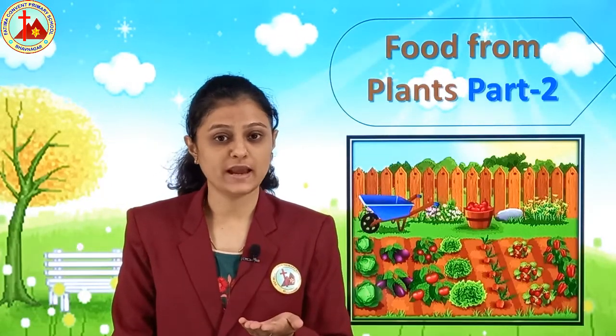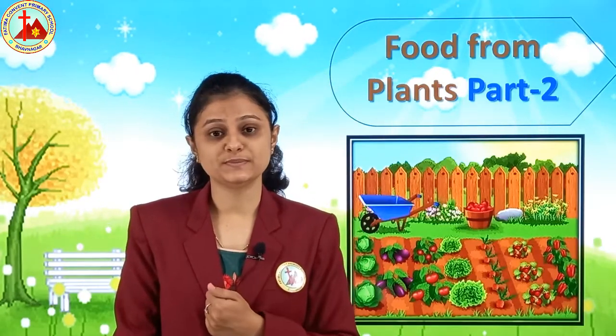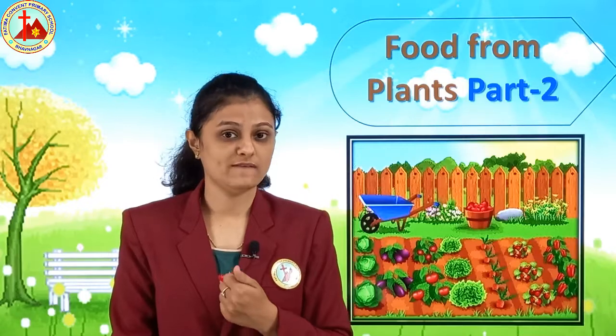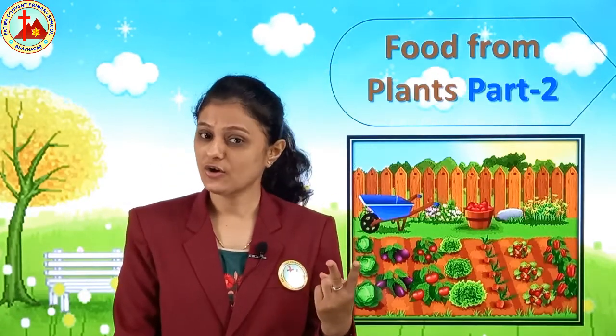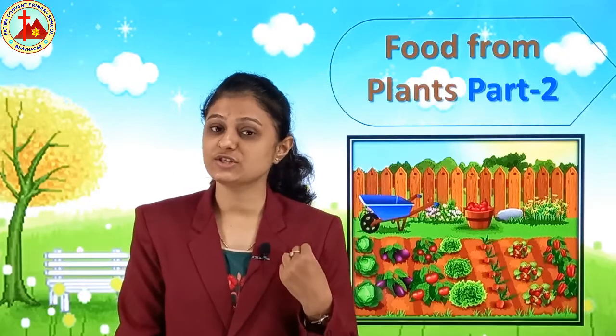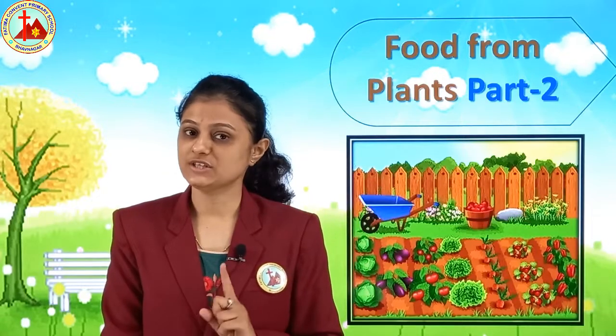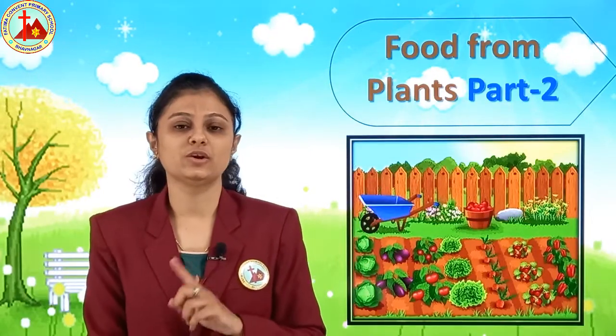Or you can say which flowers do you eat as vegetables? Okay, very good. Broccoli and cauliflower. Very good. Now come on, give me 2 names of vegetables which you get from leaves. Okay, cabbage and spinach. Very good children.